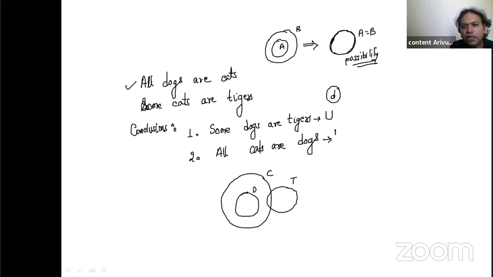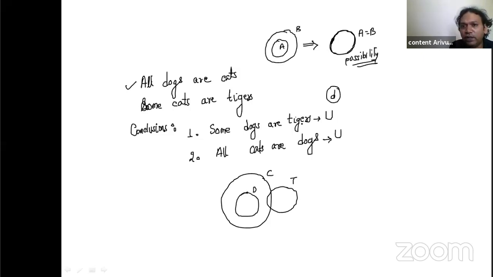Now in this question also we have two uncertain statements. Please focus on this part. In the previous example, there also we had two uncertain statements and the answer was either or. In this question also we have two uncertain statements, but the answer is not either or here.